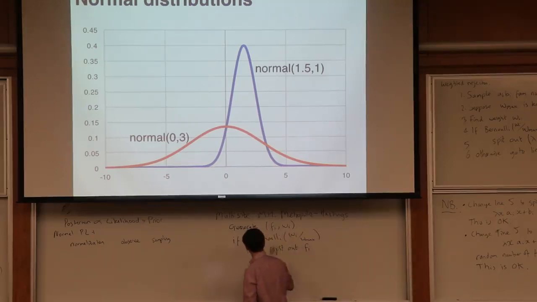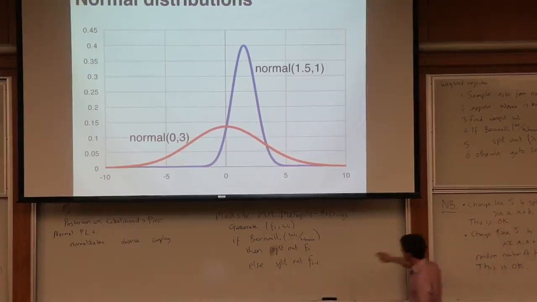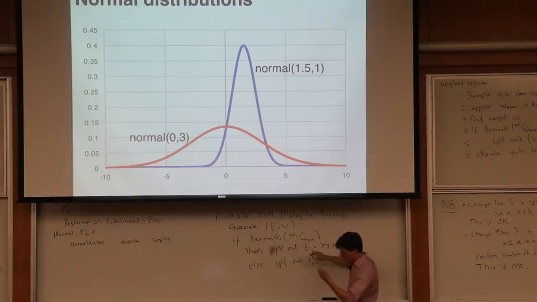Otherwise, spit out the previous value. Okay? So we do this draw exactly the same, and then if it succeeds as before, we spit out Fi. If it fails, we toss the coin, it came back tails, then we spit out the previous value.